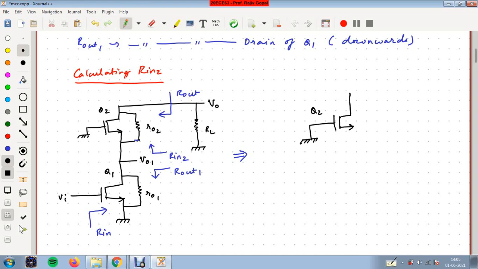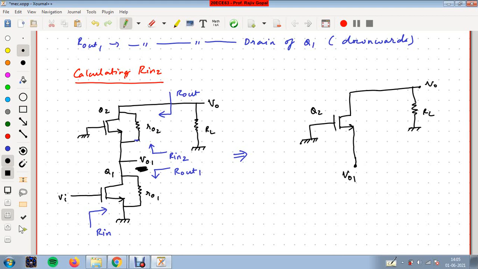Here you have V0, connected to RL. Here this goes to a voltage which is V01, the drain voltage of Q1.